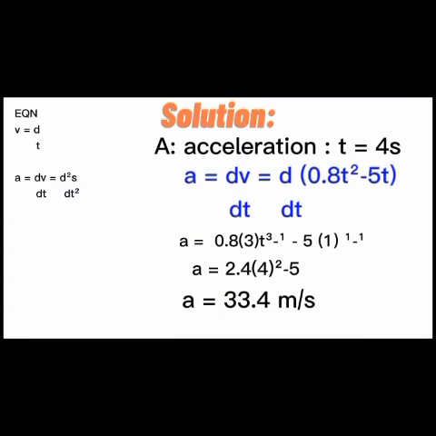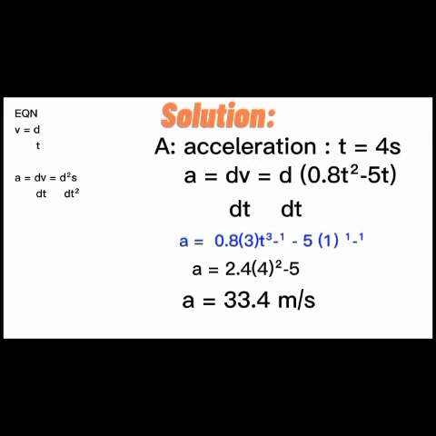So 0.8 multiply the exponent 3, then t raised to 3 minus 1. Yes, always minus 1. Then minus 5, the exponent of t, which is 1, then raised to 1 minus 1.